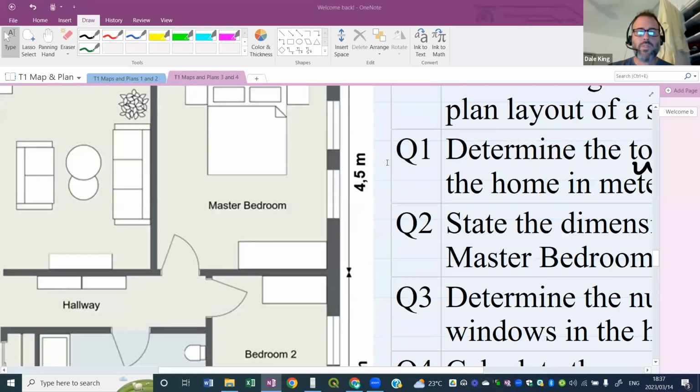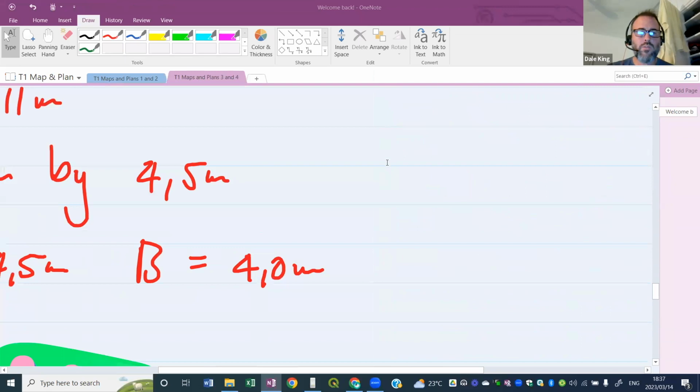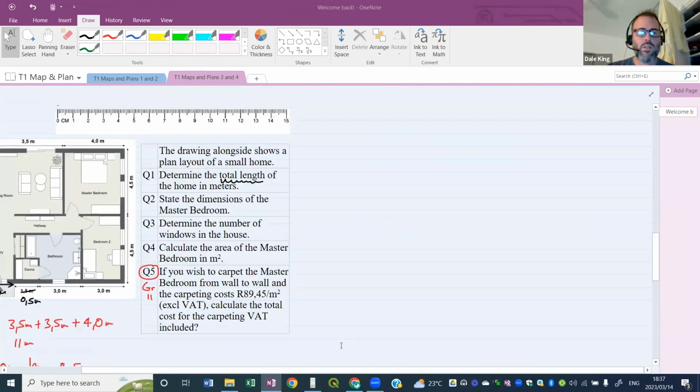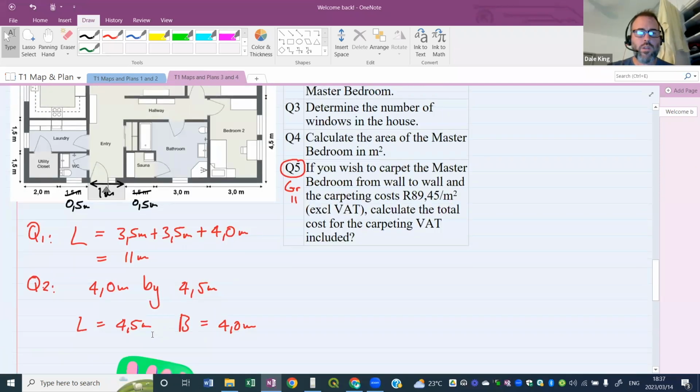Calculate area. We know what the dimensions are of the master bedroom. They've referred to them before. I'm going to zoom out a little bit now. Okay. So question 2 referred to the dimensions of the bedroom. So over here on the side, I'm going to do question 4.